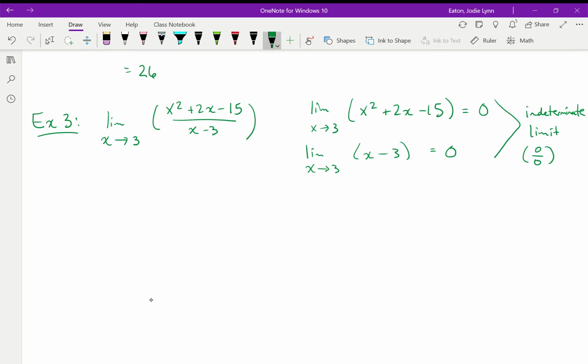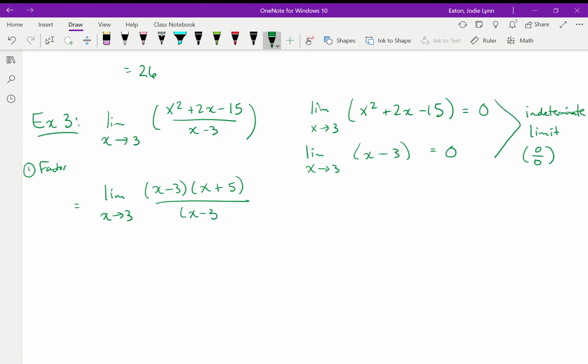So the first thing we're going to try is factoring, because we have polynomials in the numerator and denominator. It's a rational function. So this is the limit as x approaches 3 of x minus 3 times x plus 5, over x minus 3.